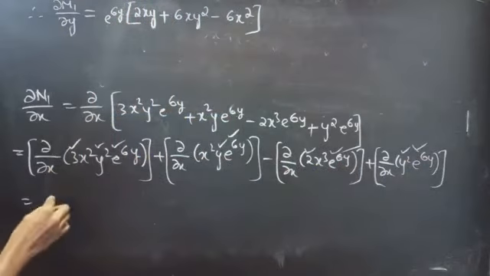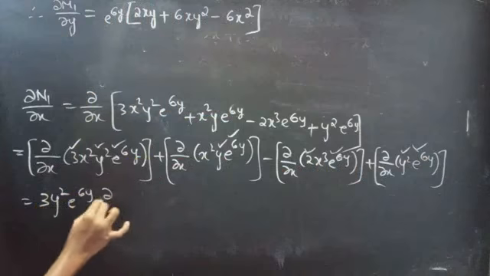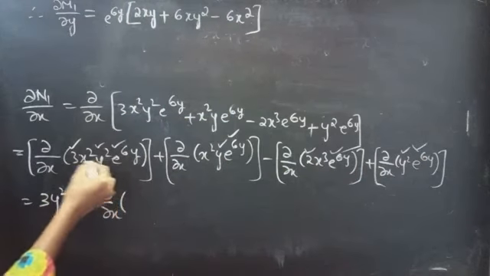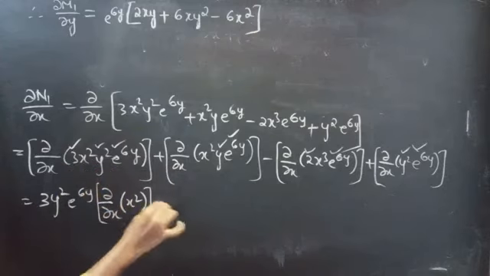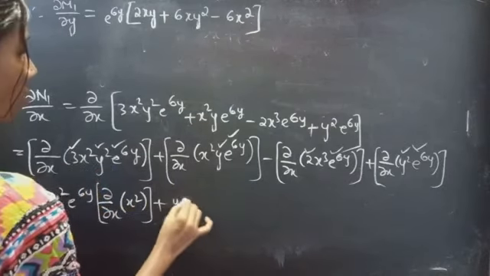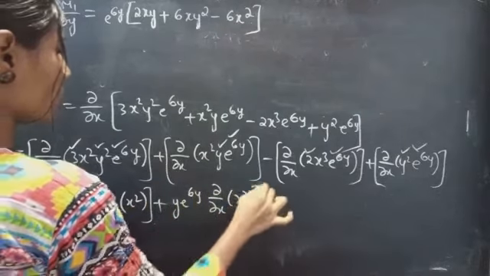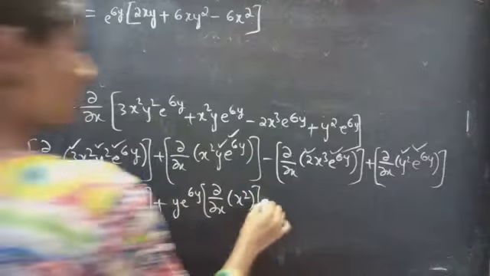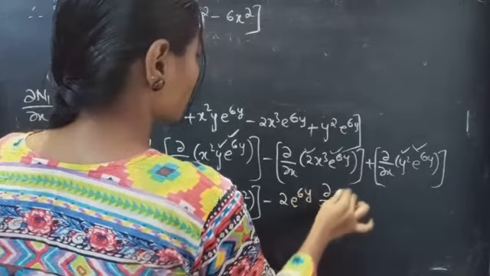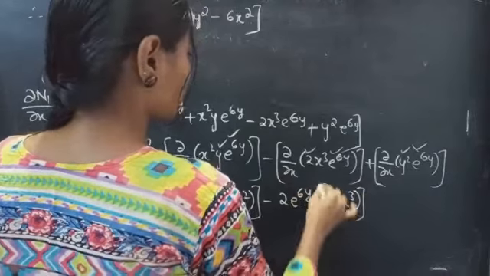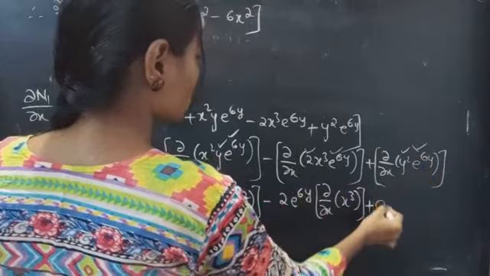So you can write this as constant into the partial derivative of x square with respect to x plus constant into the partial derivative of x square with respect to x minus constant into the partial derivative of x cube with respect to x plus the partial derivative of a constant with respect to x, which is 0.